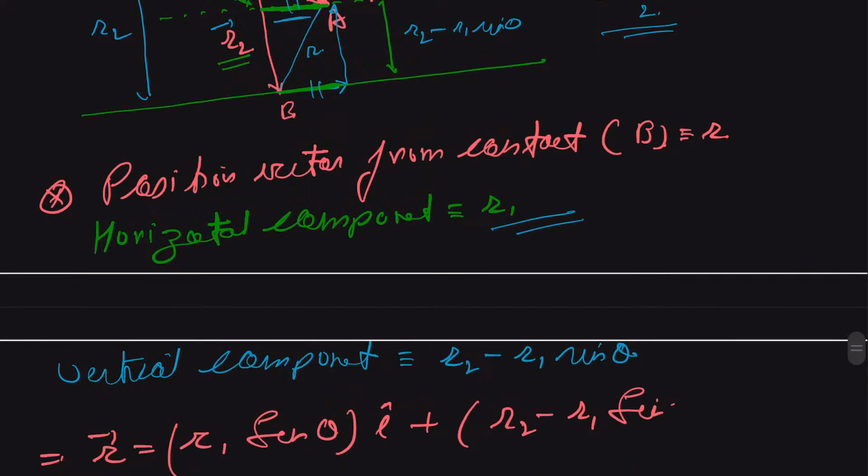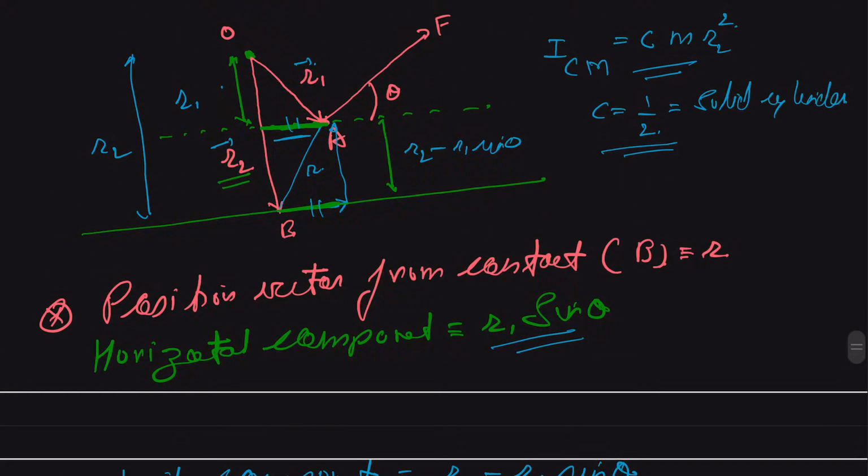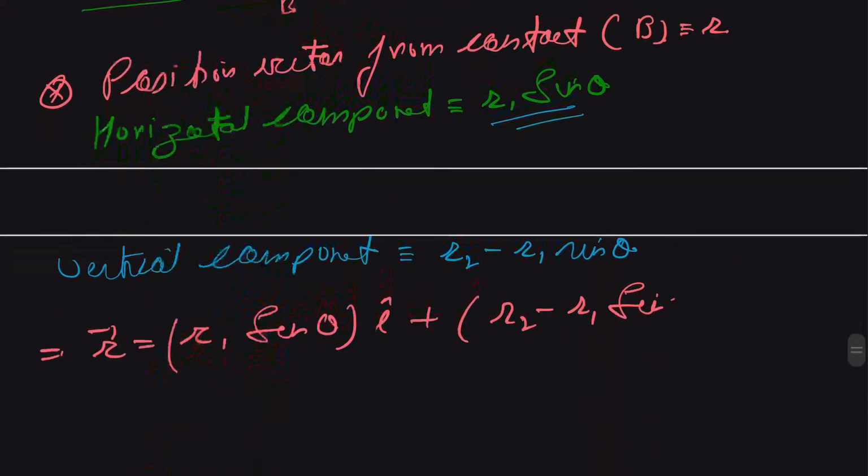This is our r1 sine of theta, and this will be r1 cos of theta because theta will be here. And so we get this as r1 cos of theta, and this is our j unit vector.